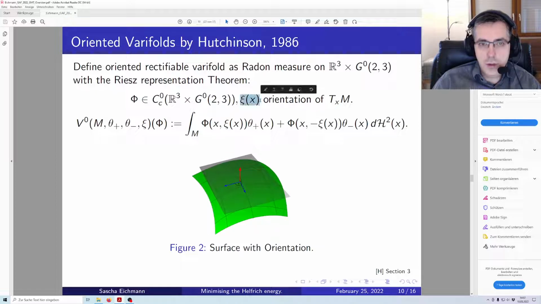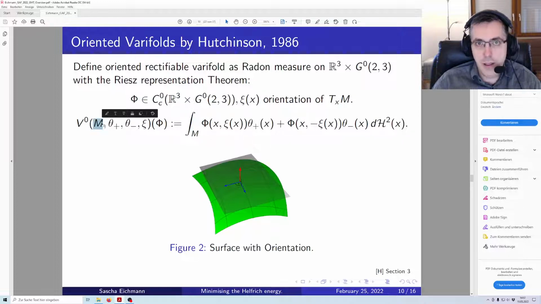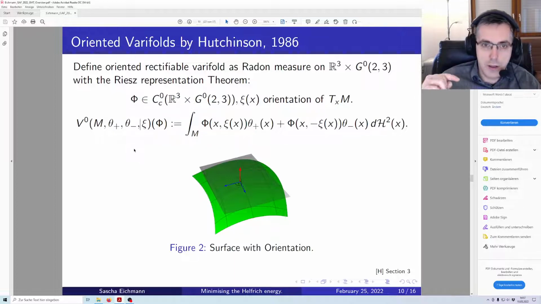And then we take an orientation on a tangential space of a rectifiable set M. And then we define what an oriented rectifiable varifold actually is. So we plug in a rectifiable set, two densities, and the given orientation. Why do we need two densities? We need one density for the orientation aligning to the given orientation psi, and one with a minus sign.